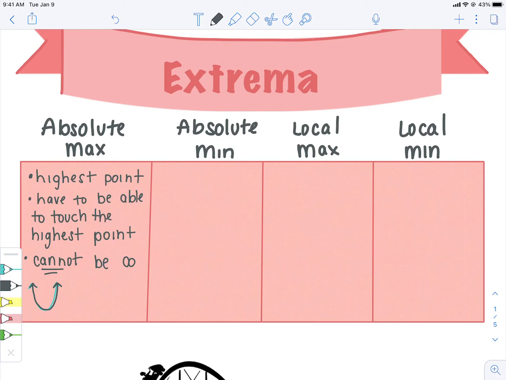It doesn't have a highest point, because no matter how high I go, I can always go a little bit higher. Whereas if I took my parabola and tipped it over, now I have a highest point right here. So I can physically touch the highest point on the graph. I have an absolute max there.